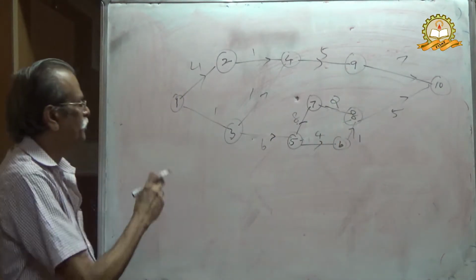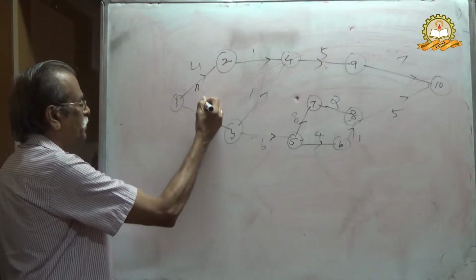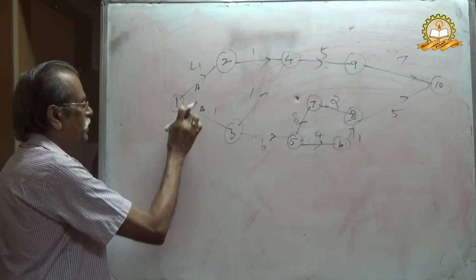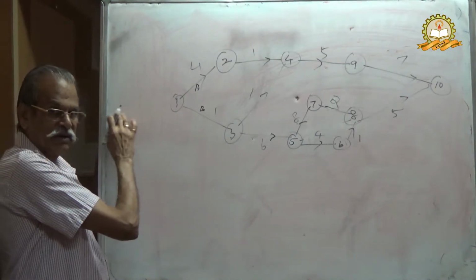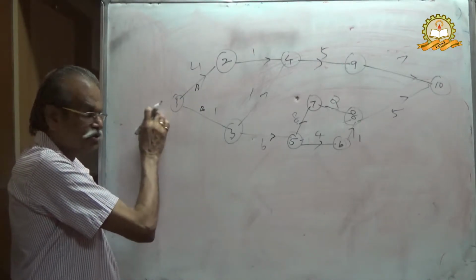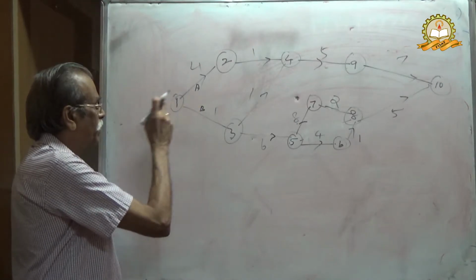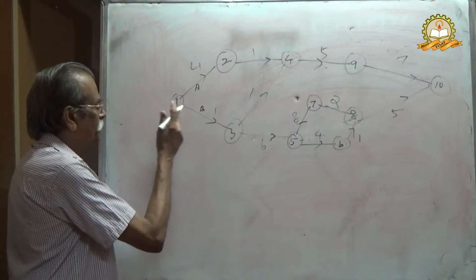Therefore, we start with 1. Even if you consider this as an activity, before A and B no activity is seen. Before A, no preceding activity, and before B, no preceding activity.